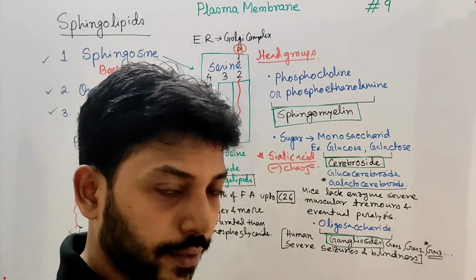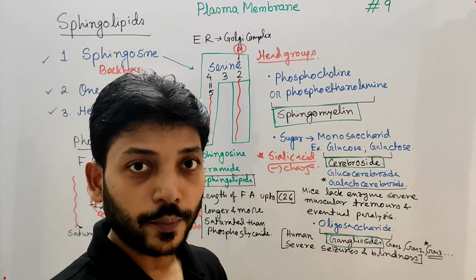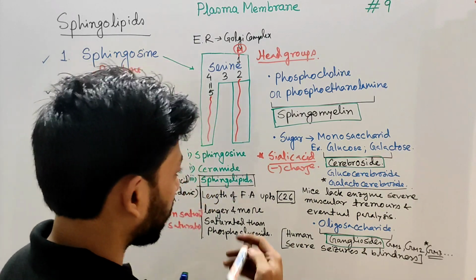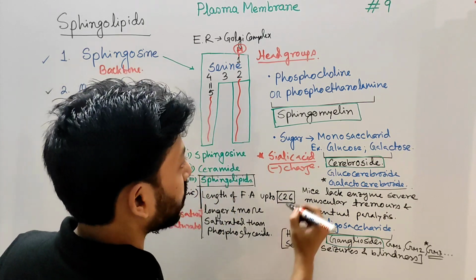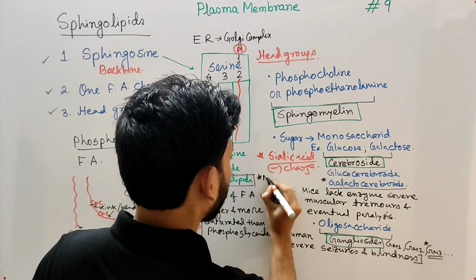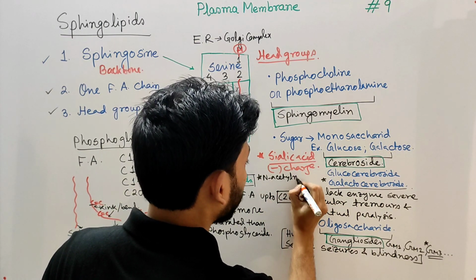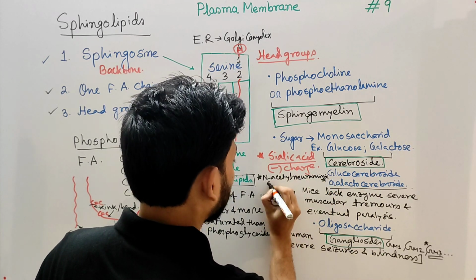Now in humans, various sialic acids are present, but one of them is common. The name of the sialic acid, I'm writing here, is N-acetyl neuraminic acid.